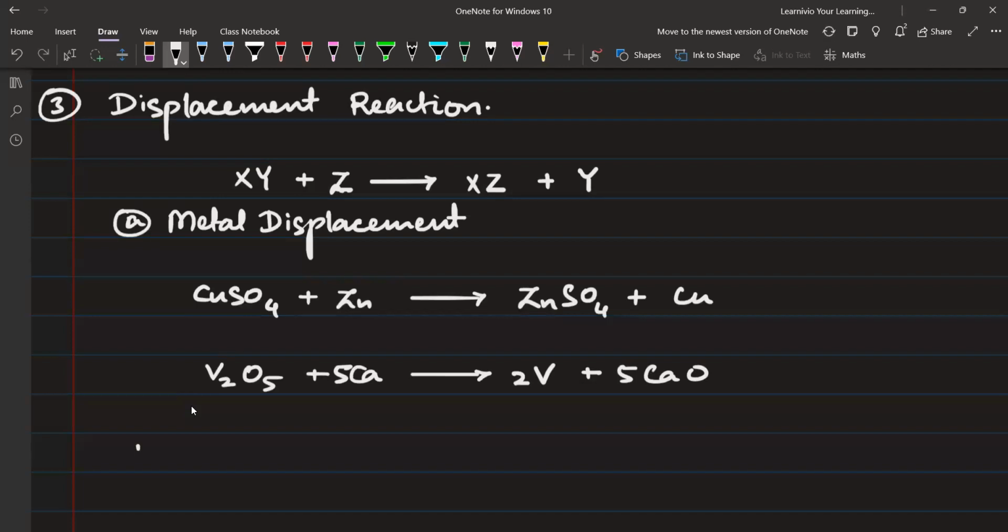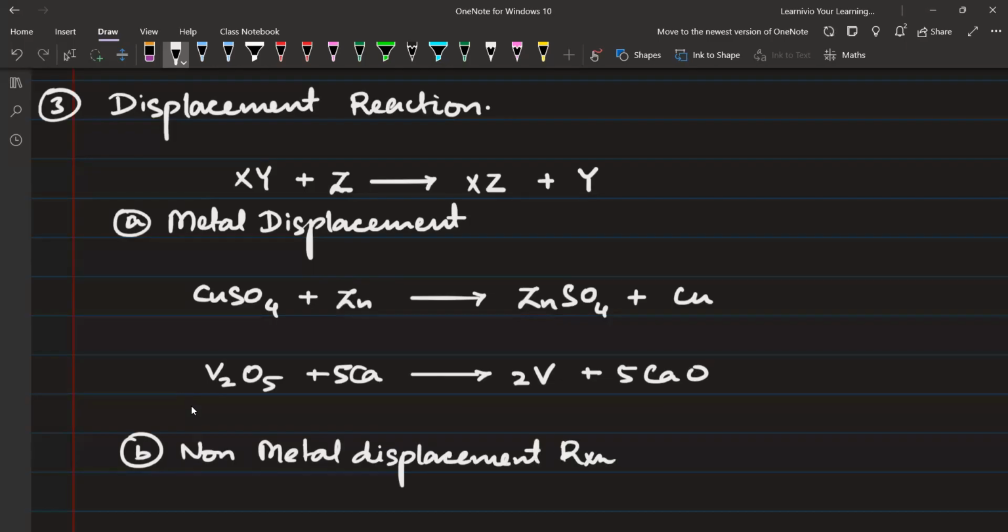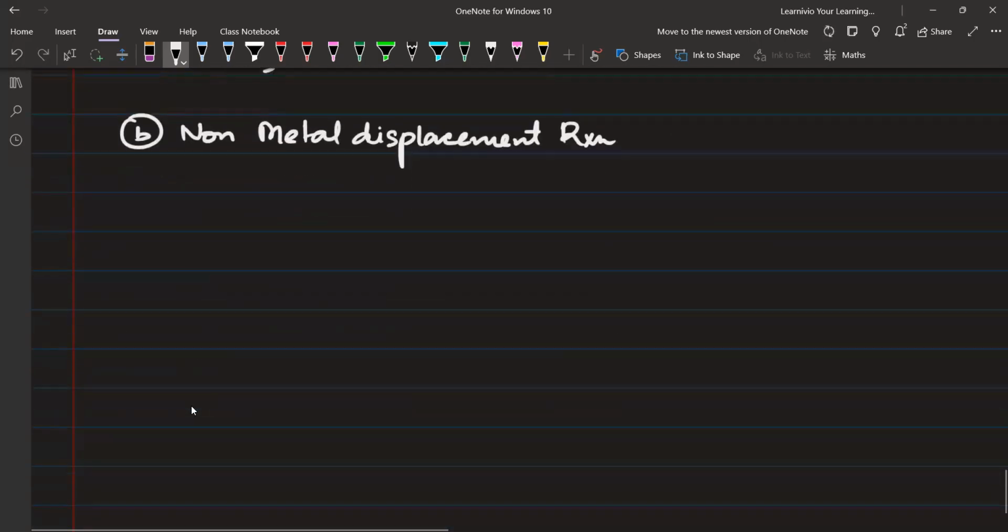Now the other is the non-metal displacement. In non-metal displacement reaction, remember one important thing, which generally is not visible: this generally involves hydrogen displacement.